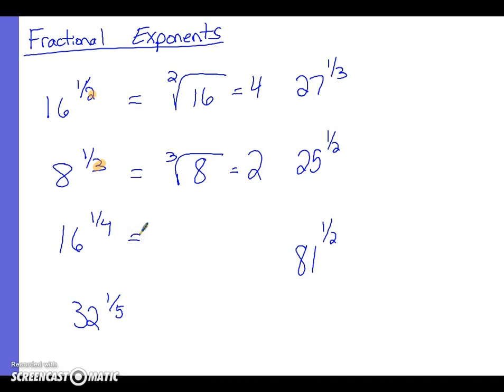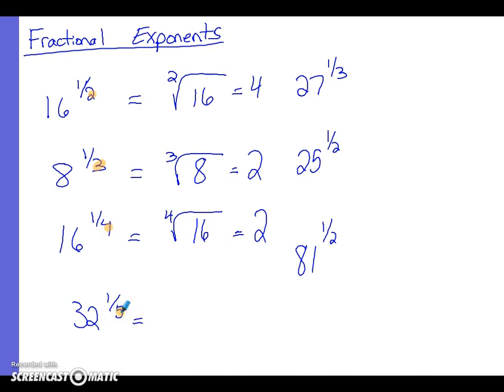So 16 to the 1/4 power. Notice again the denominator is a 4, so that's a 4th root of 16. You need to find out what the 4th root of 16 is. In other words, what to the 4th power is 16? That's 2. 2 to the 4th is 16. Now 32 to the 1/5 power.